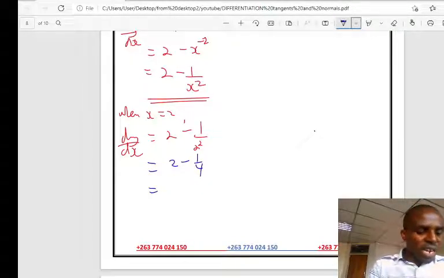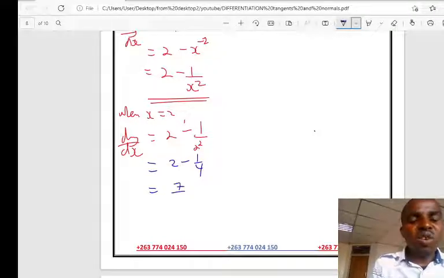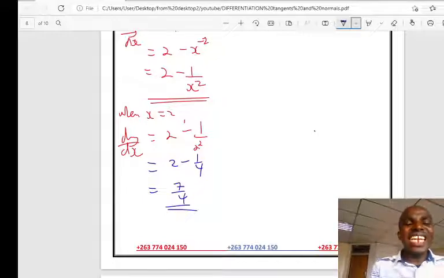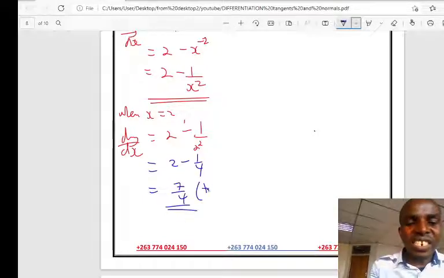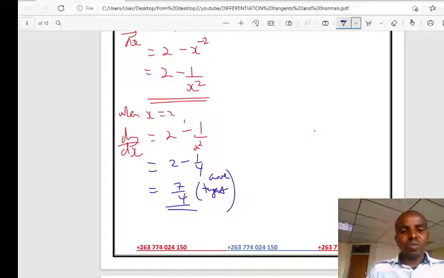Let me just use my calculator. 2 minus 1 over 4 is 1 and 3 quarters, which is 7 over 4. So that's the gradient of the tangent or curve when x is equal to 2.